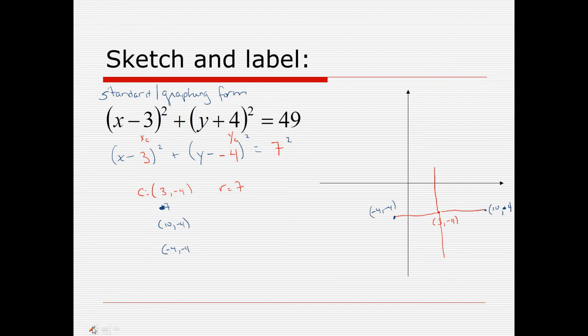Then you operate on the y. You go up 7 units, so an up is in a y direction, and you get 3, 3.